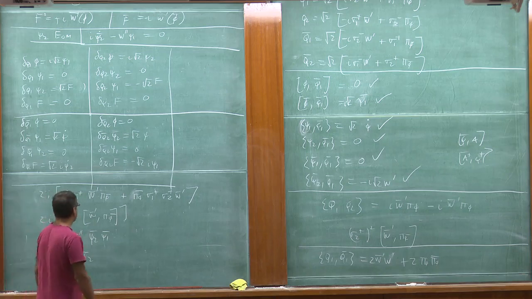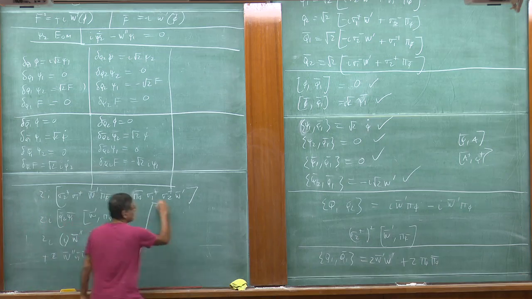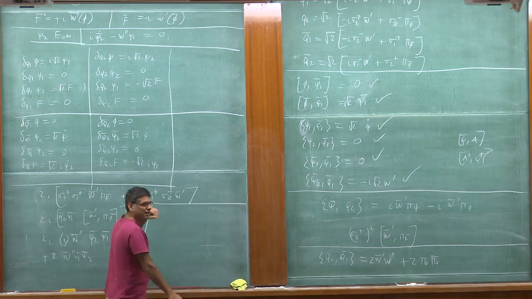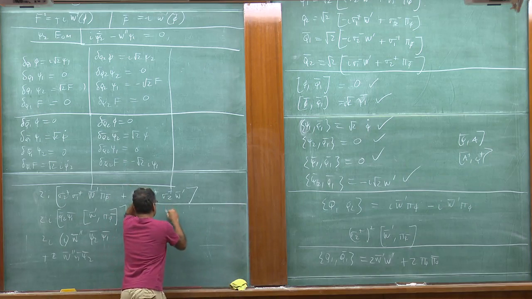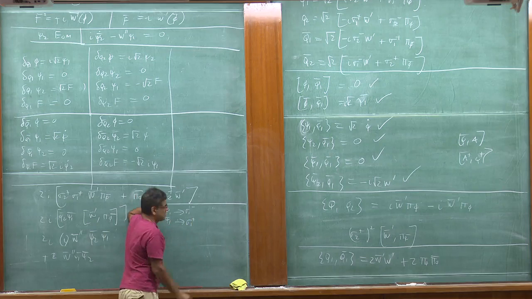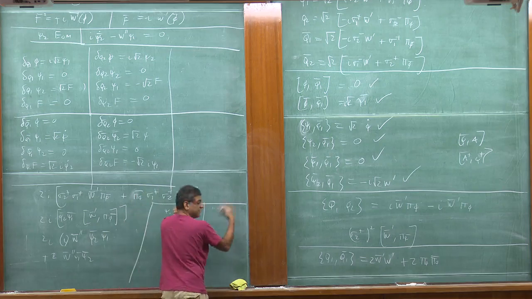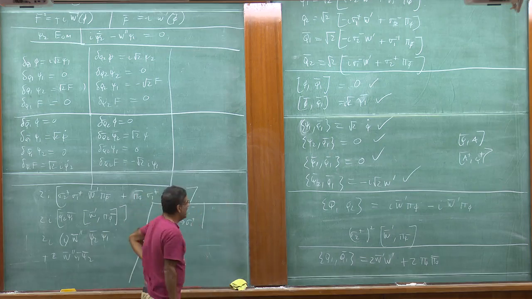Chintan's point was that I told you that psi 1 and psi 1 bar were sigma 1 minus and sigma 1 plus, whereas psi 2 and psi 2 bar were the others, right?